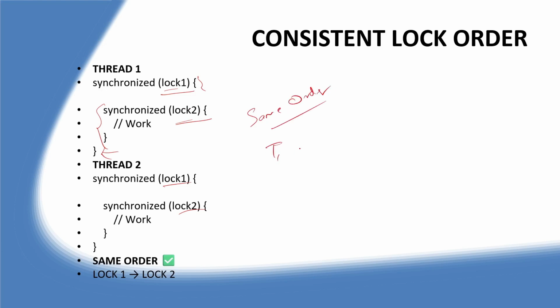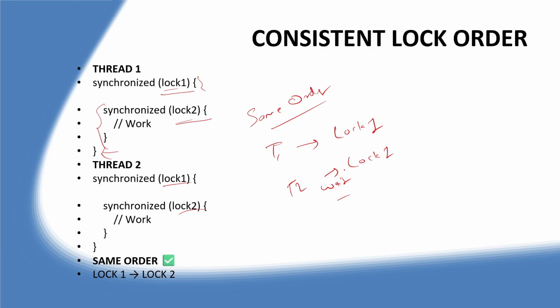So I am saying, T1 has acquired lock 1, and let's say thread 2 is also trying to acquire lock 1, but thread 2 cannot acquire lock 1 at the same time, so it will wait before acquiring any of these locks.